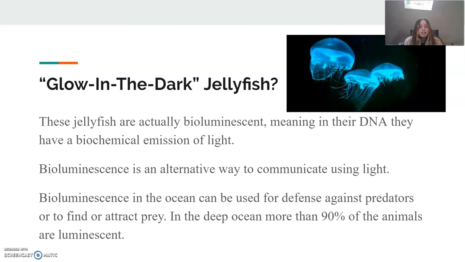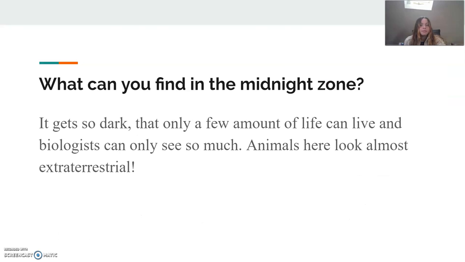It is used in the ocean to defend against predators or find and attract prey. And once you get to the deep ocean layers, more than 90% of the animals are luminescent. So this is like the anglerfish. The anglerfish also uses bioluminescence due to its habitat in the deep ocean layers where there is no light.